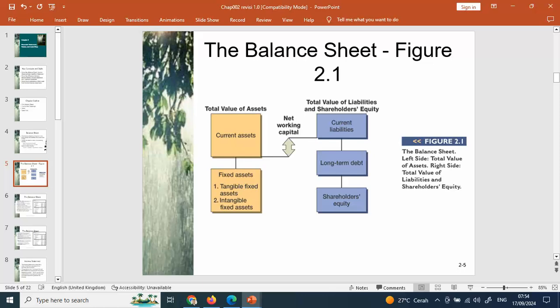So the current liabilities encompass account payable and notes payable, that is below 1 year. And then long-term debt. Long-term debt is more than a year. The borrowings that are more than a year, such as bonds.